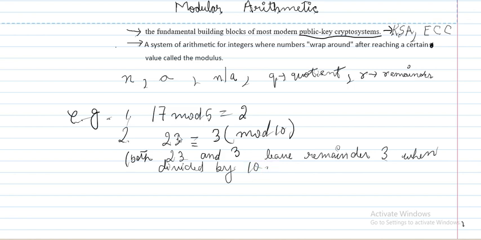Or if we consider a clock, a 12-hour clock, 15 is congruent to 3 mod 12.